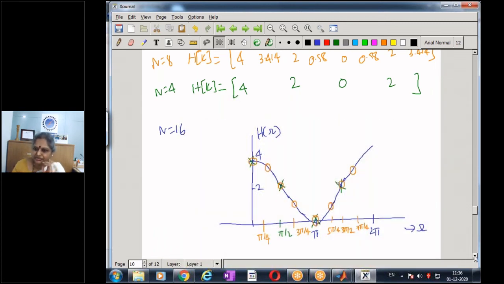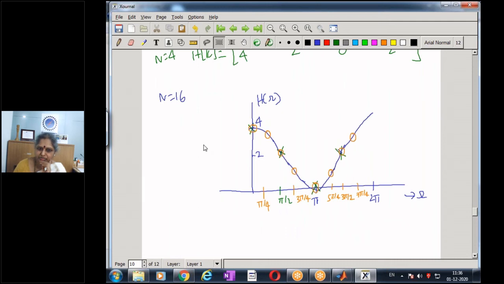If I put n equal to 16, what will happen? My omega samples are going to go from 0, then pi by 16, 2 pi by 16, 3 pi by 16, and so on up to 15 pi by 16.